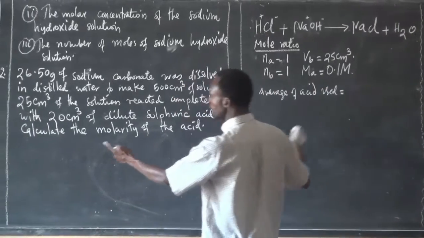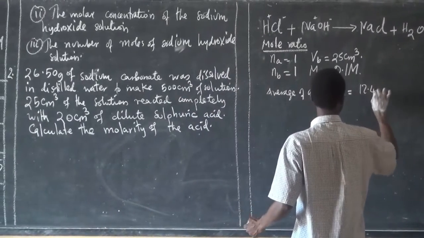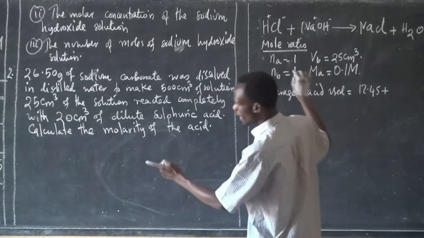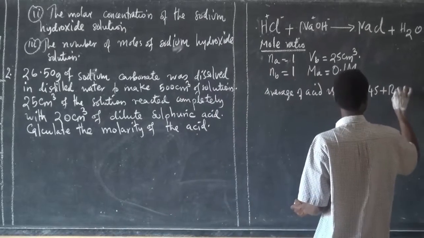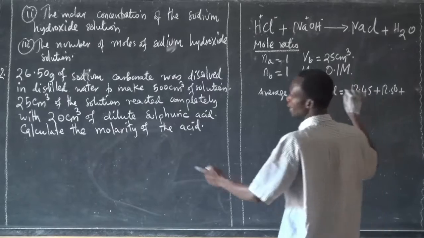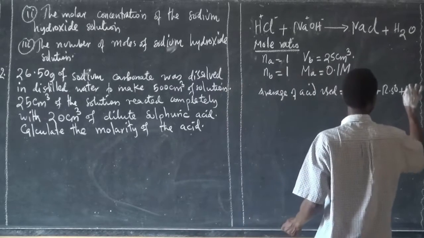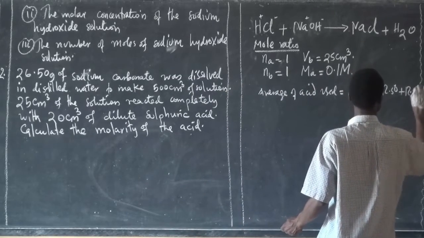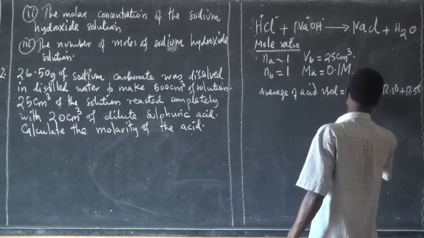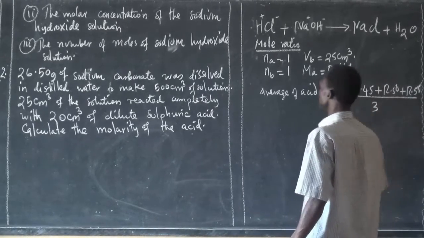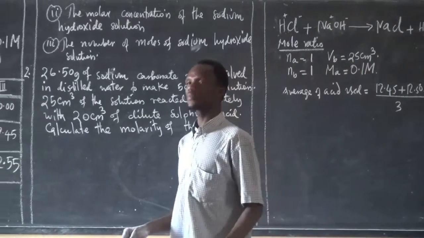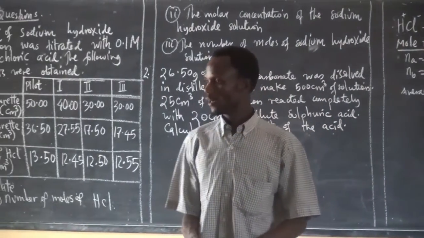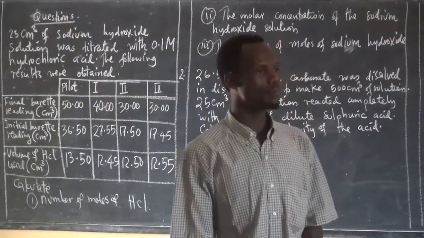The first one is 12.45 plus the second one, 12.50, plus the third one, 12.55. You divide it by 3, because average is not something new. There is nothing new that you can even imagine.